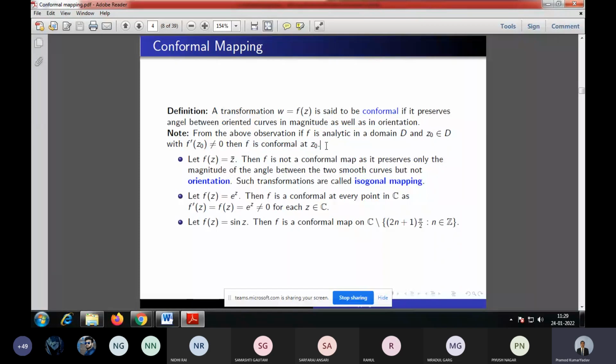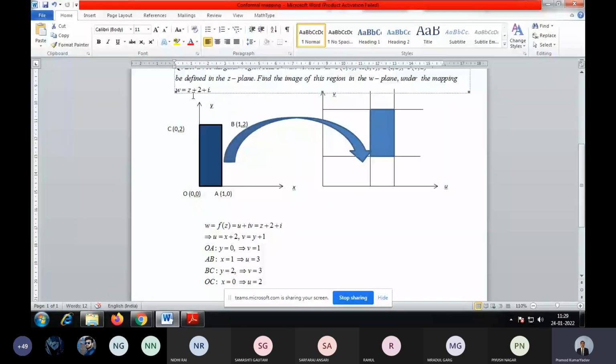So it is a good note to check whether the transformation is conformal or not. I'm using this definition. You may see W equal to z plus 2 plus i, so it means f(z) is z plus 2 plus i.